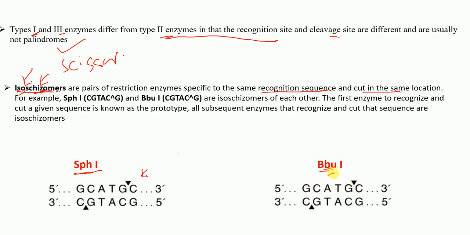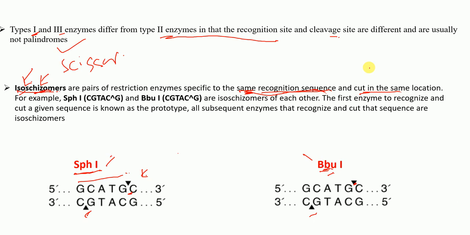They have the same recognition site, and they cut in the same location. SPS1 cuts here and here, and BBU1 also cuts here and here. Therefore, SPS1 and BBU1 are called isoschizomers because they have the same recognition sequence and they cut in the same location.